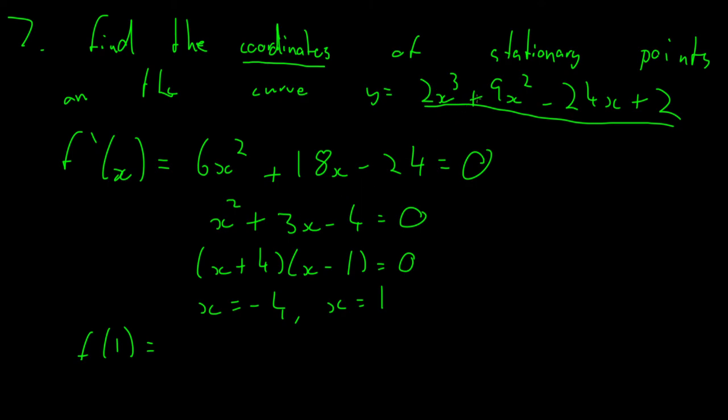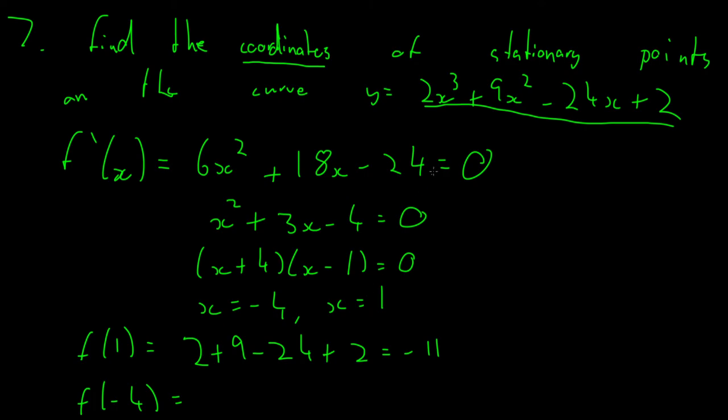So pretty much we can ignore all this. So 2 plus 9, take 24 plus 2, and that should all equal minus 11, and f(minus 4).